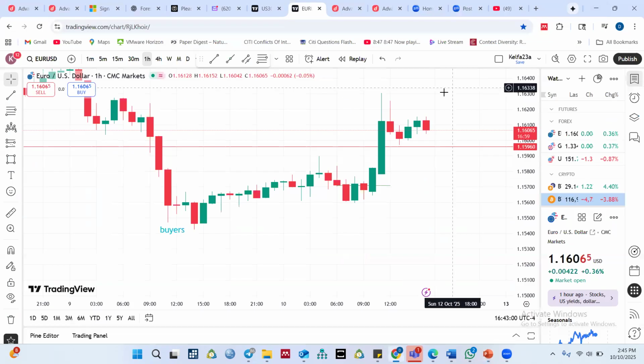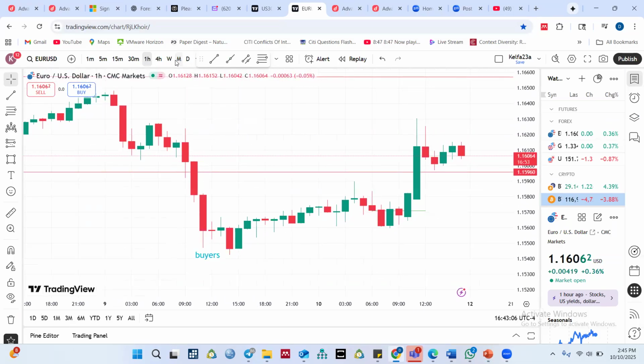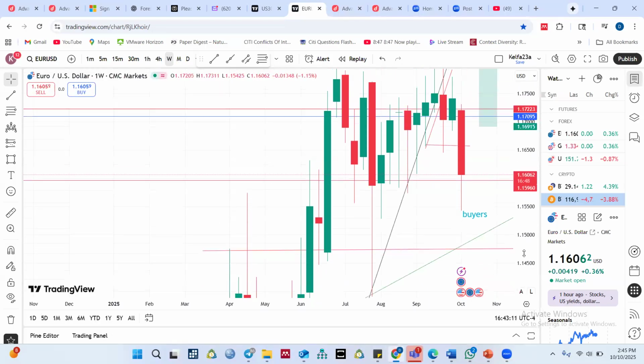So to start with, let's go back to Euro USD again for another time. Let's go to the weekly time frame on Euro USD.